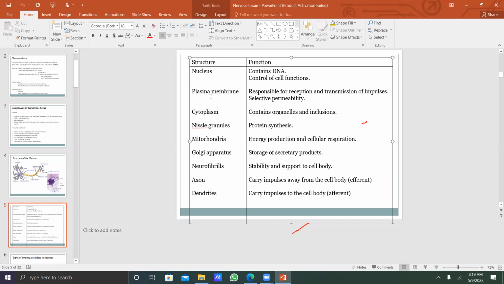Then there is the plasma membrane. The plasma membrane covers the cell. It is responsible for the reception and transmission of impulses, and it has the facility of selective permeability.